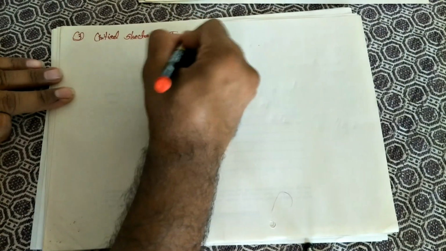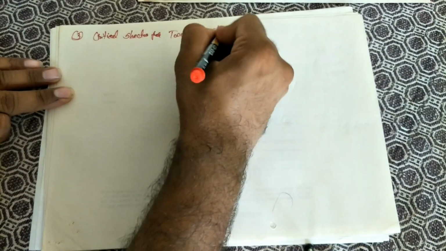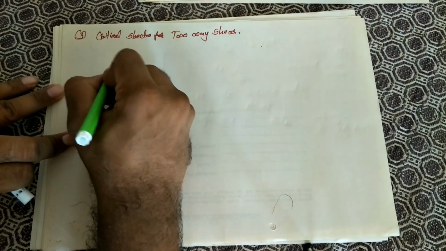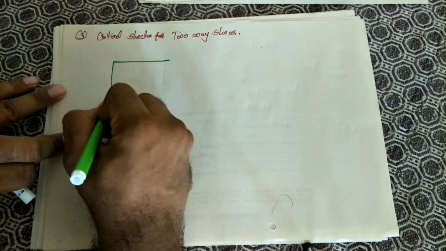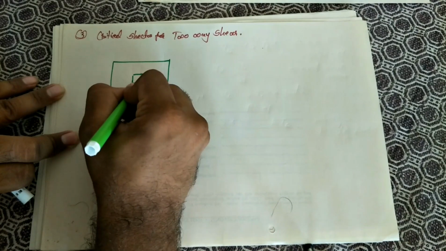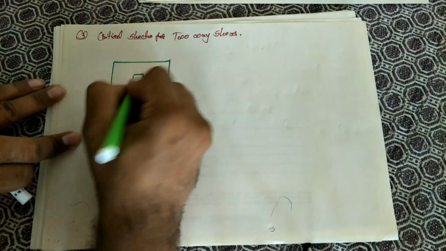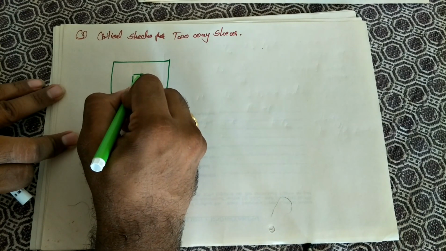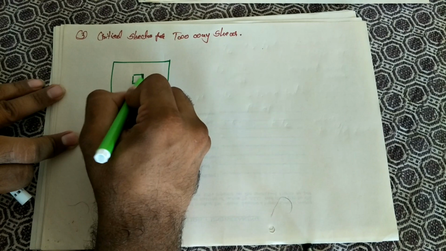So for two-way shear, the critical section is taken at a distance 0.5 d from the face of the column. Let us take this column. The critical section we have to take is at a distance 0.5 d from the face of the column.